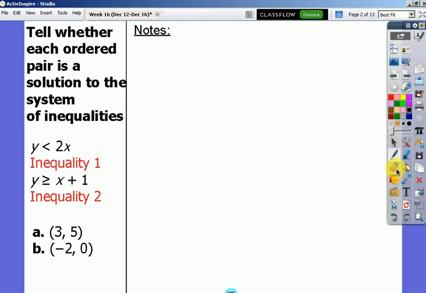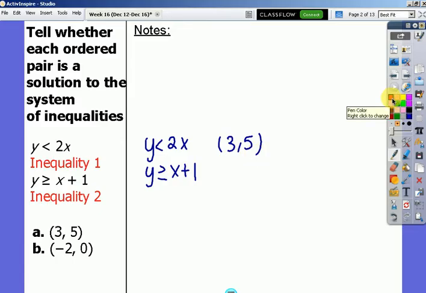So I'm going to rewrite this system, and I'm going to plug in the point (3, 5) and verify whether or not that point is in fact a solution to the system. So y is less than 2x, and y is greater than or equal to x plus 1. I'm simply plugging those values into both inequalities within the system and verifying. So is 5 less than 2 times 3?